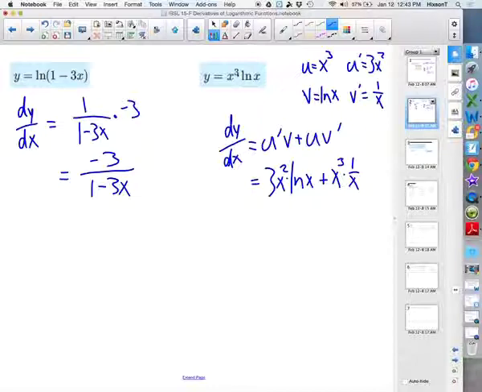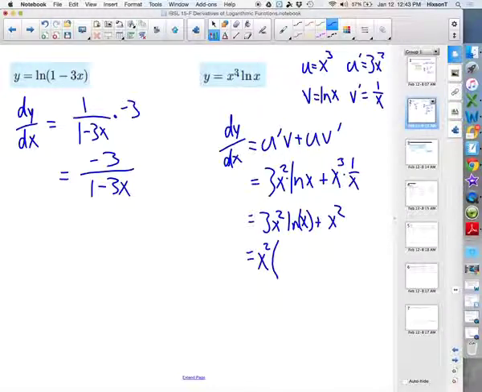And we simplify a little bit here. We have 3x squared ln of x plus x squared. By the way, notice only that x is in the ln. Could you factor out x squared? Yeah, and that would actually be a good idea, especially looking forward to when we're going to have to solve for when these equal 0.